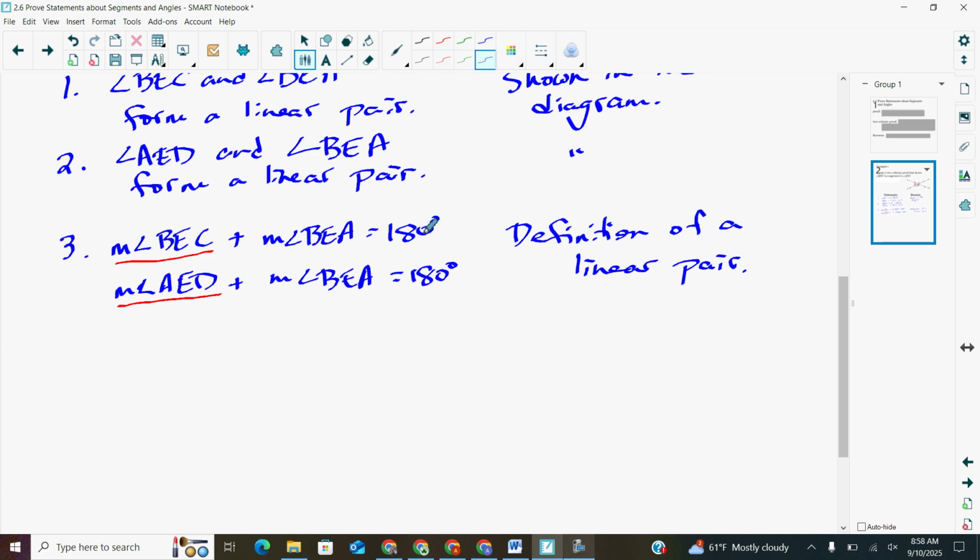Well, I've got 180 and I've got BEA in both of these, right? So I'm going to subtract this over to the side for each of those. This is going to be statement 4 for me. I'm going to say the measure of angle BEC is equal to 180 minus the measure of angle BEA.